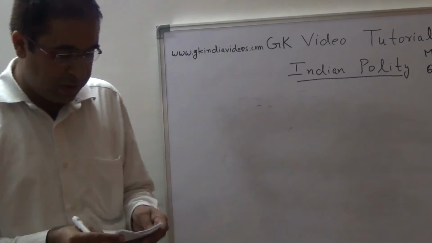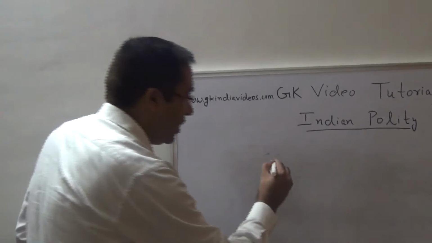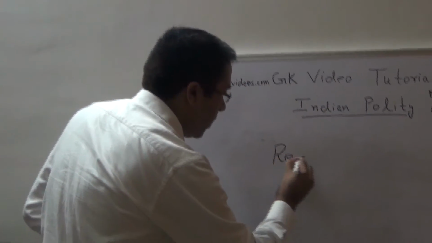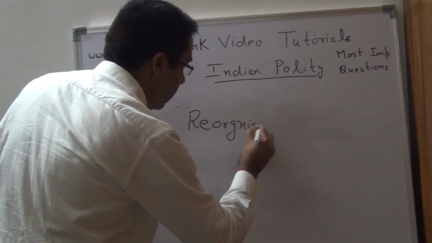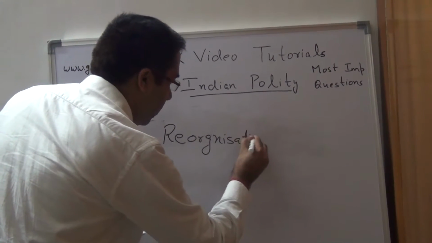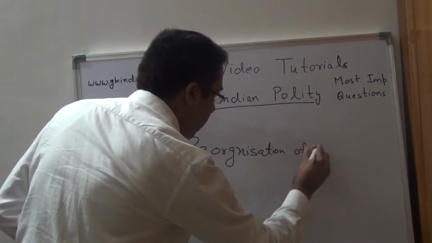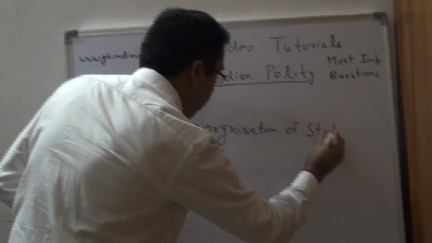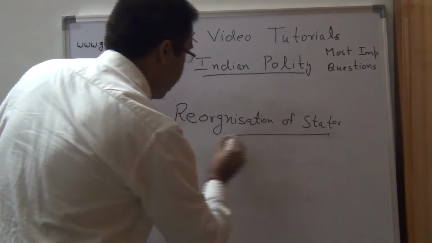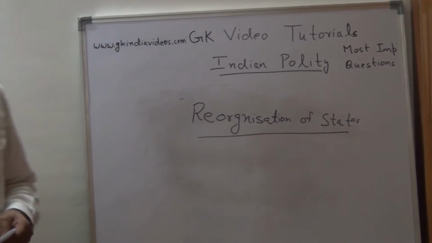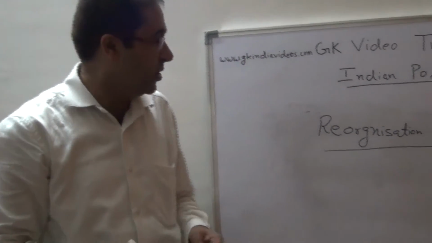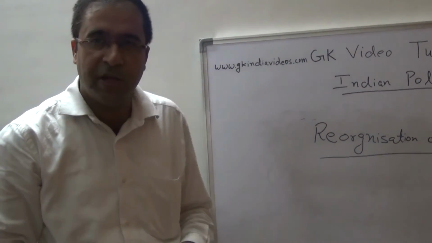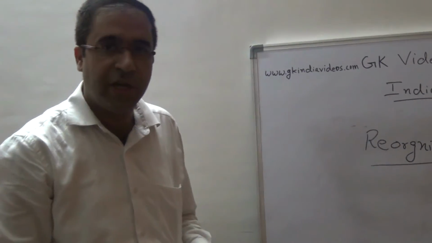Our next question is, we come on to reorganization of the states. The first commission which was appointed for reorganization of the Indian states after independence of India, what was the name of that commission?